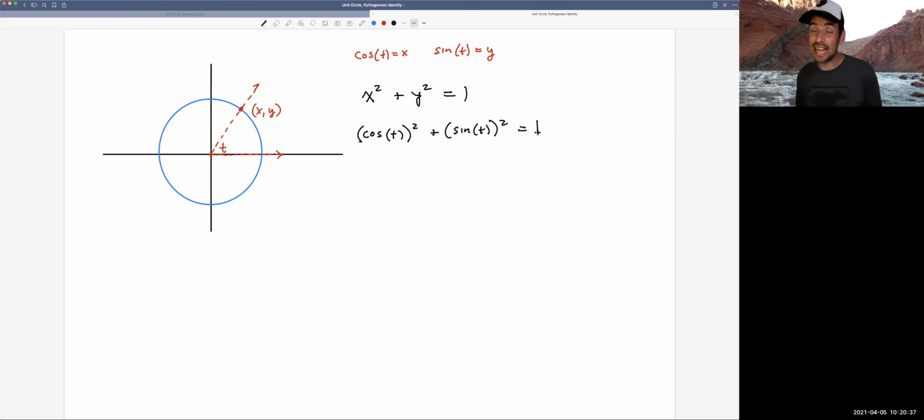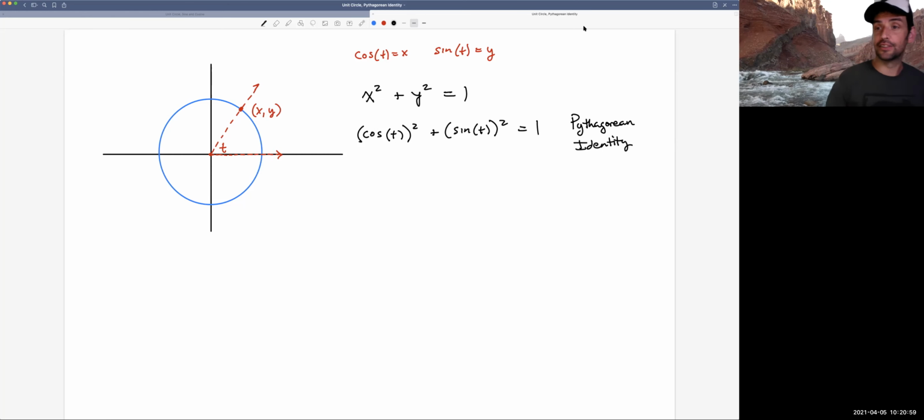And so for any given angle, it is always the case that the square of the cosine of the angle plus the square of the sine of the angle is equal to 1, okay? And this is what's known as the Pythagorean identity.